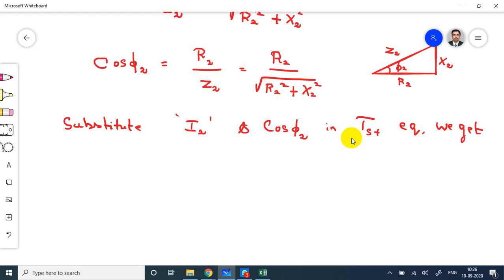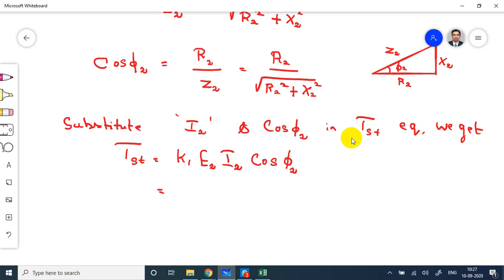What is the starting torque equation? Tst is equal to K1 E2 I2 cos phi 2.